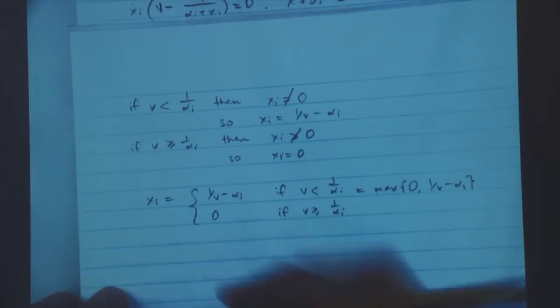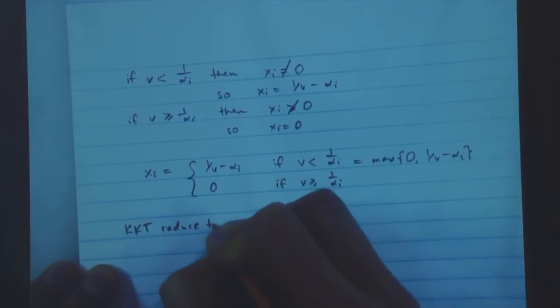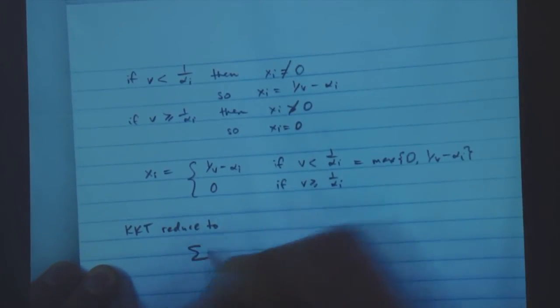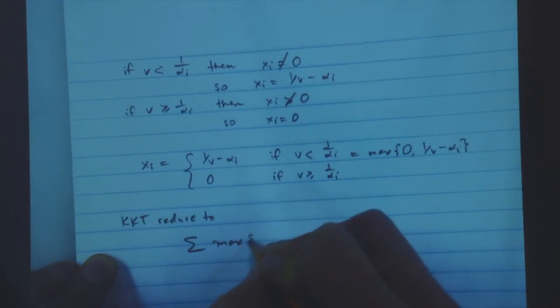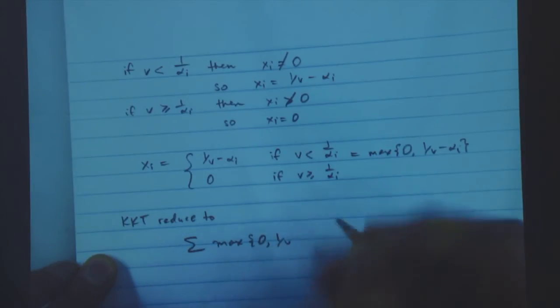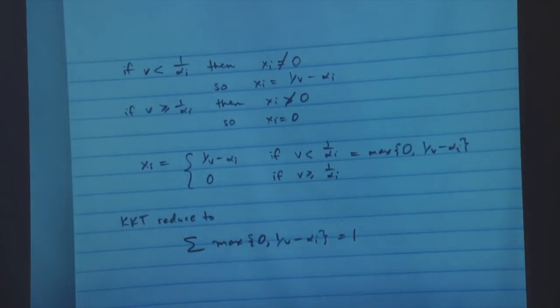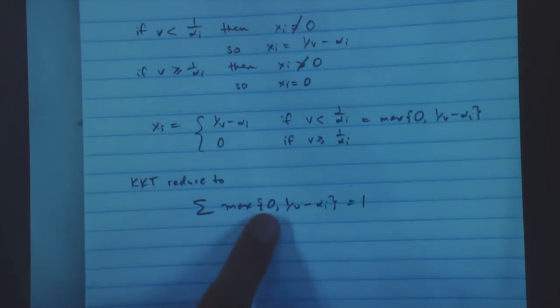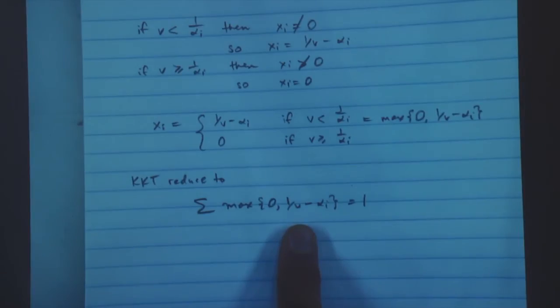So the KKT condition is reduced to the sum of xi being equal to 1, which I'll write like this. And this is now solving for a single number v, right? We've reduced the KKT conditions, where we had an n-dimensional optimization problem, to solving a single equation in one number, which is v.